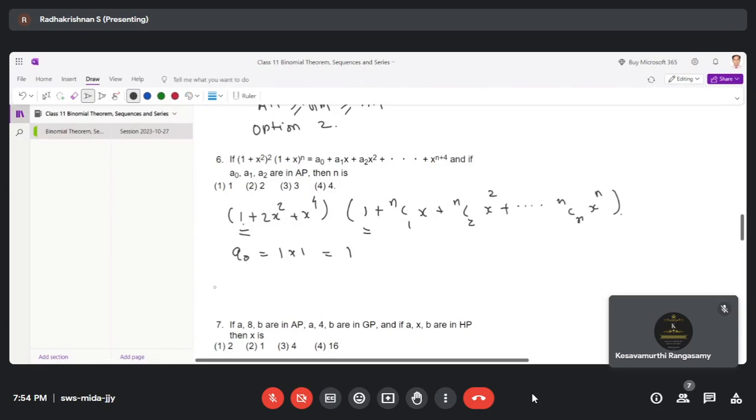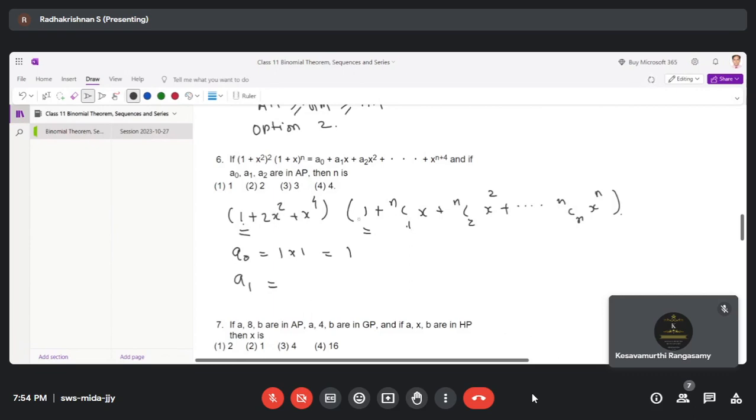Next, in the same way, what is A1? A1 x, so A1 is the coefficient of x. Again, what combinations will give x? Only this 1 into this nC1 x. That is the only combination that will give the term containing x.